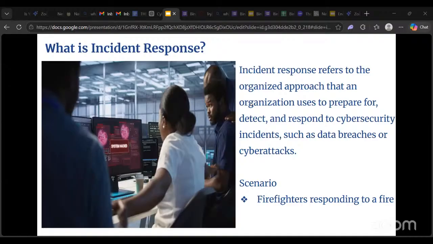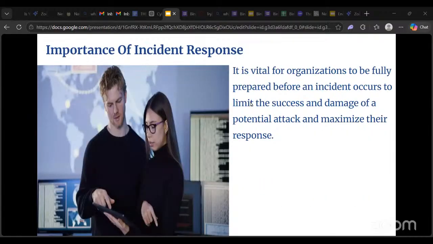So now, moving on to the next slide, the importance of incident response. It is vital for organizations to be fully prepared before an incident occurs to limit the success and damage of a potential attack and maximize their response.